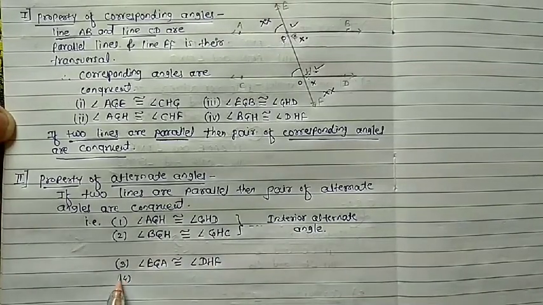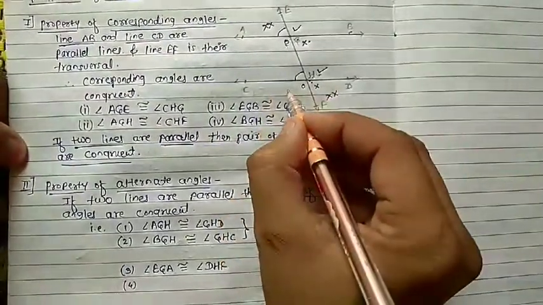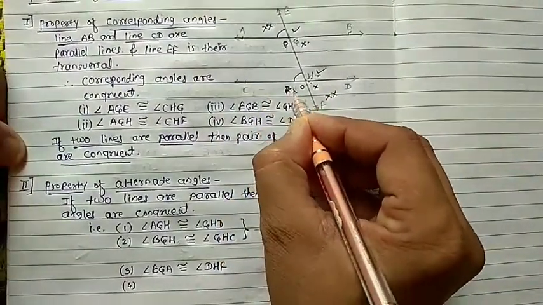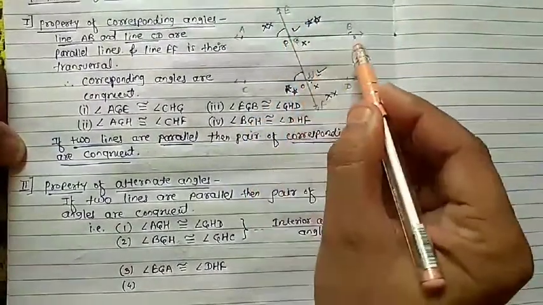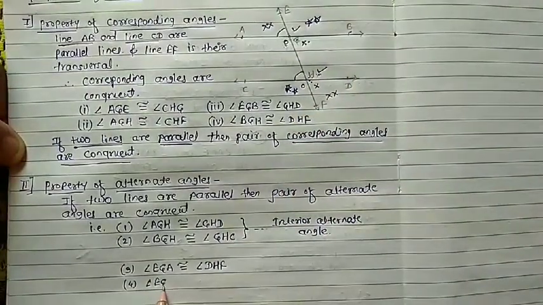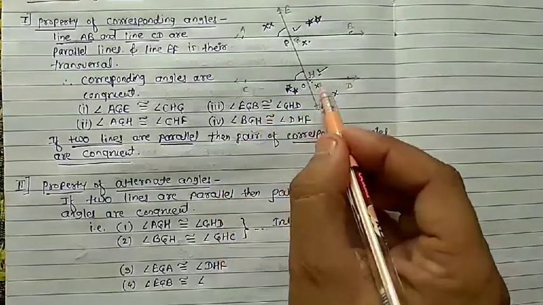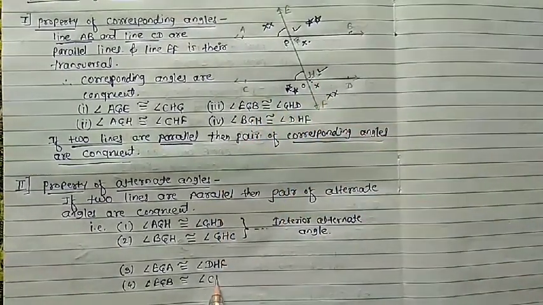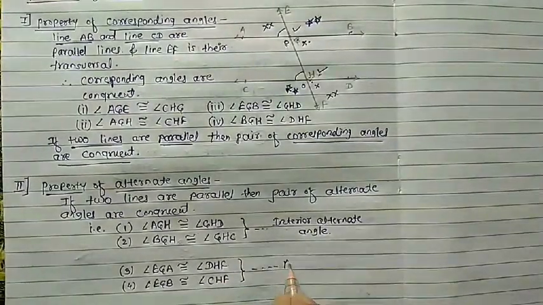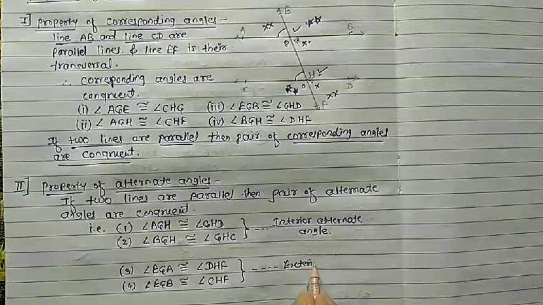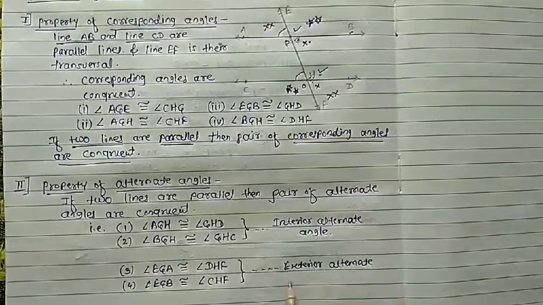And the last one, the fourth pair of exterior alternate angles, is these two angles: angle EGB is congruent to angle CHF. So these are the two pairs of exterior alternate angles.